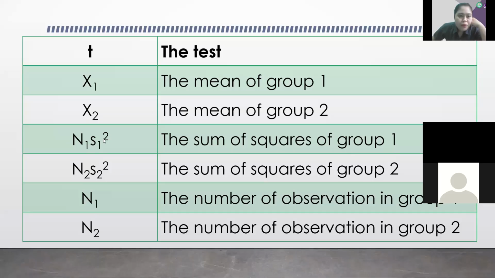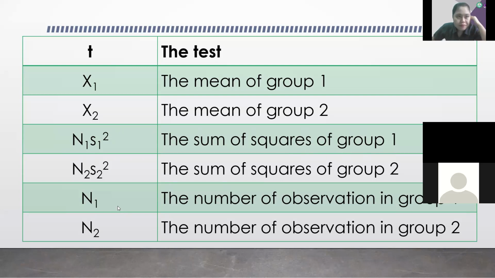And then, yung n1 s1 squared is the sum of squares of the group 1. Para lang ito siya sa group 1. I'll teach you how to do that later. And then, yung n2 s2 squared, sum of squares naman ito ng group 2. Now, lahat ng n is the sample size.